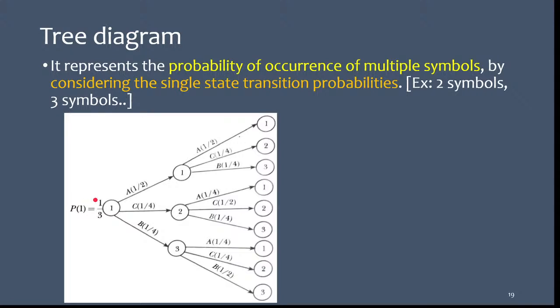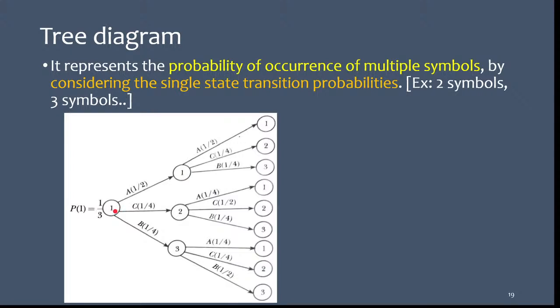So we will write the state diagram for state number 1. As given in this question, initially the system was in state 1 with the probability of 1 by 3. From state 1, what are the different transitions possible? From state 1, it can again go back to state 1 with a probability of 1 by 2.